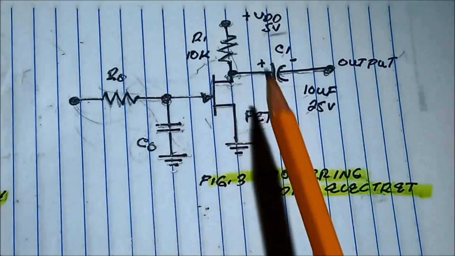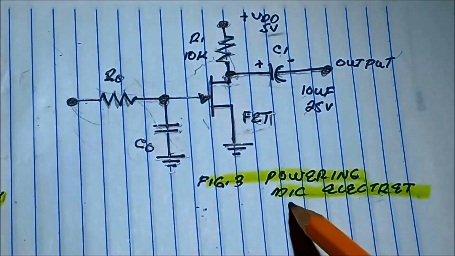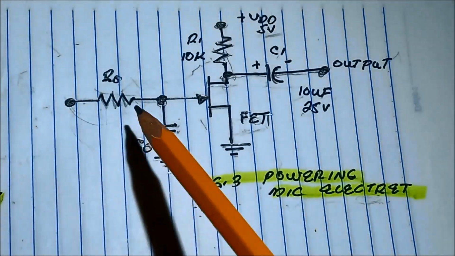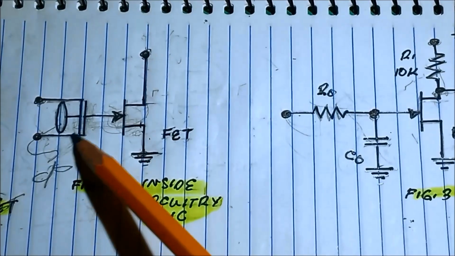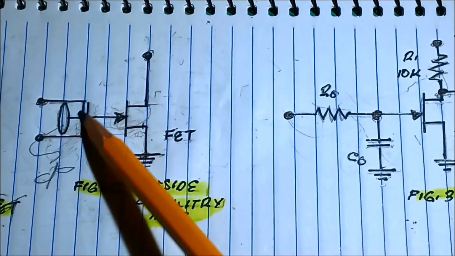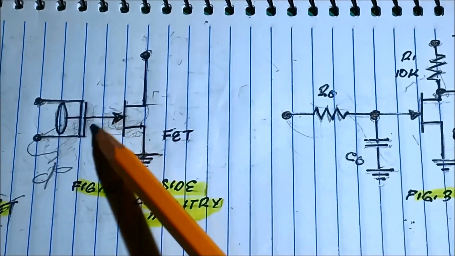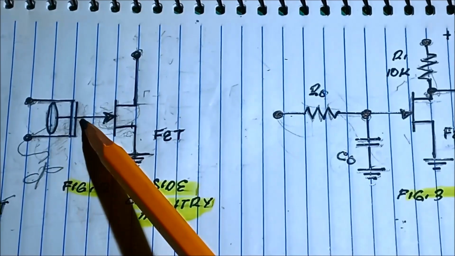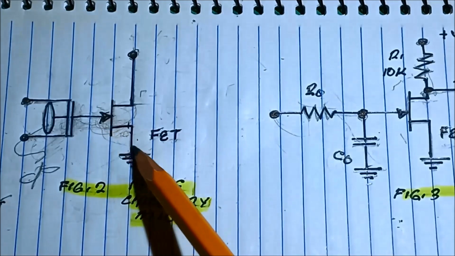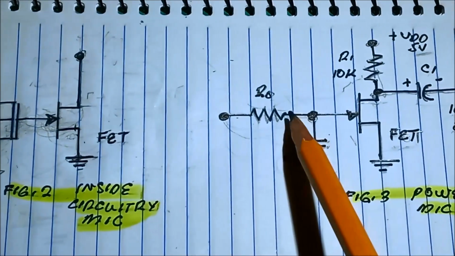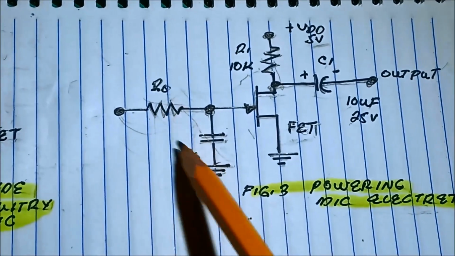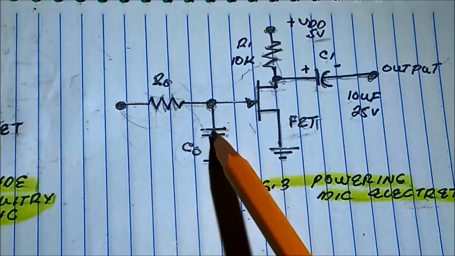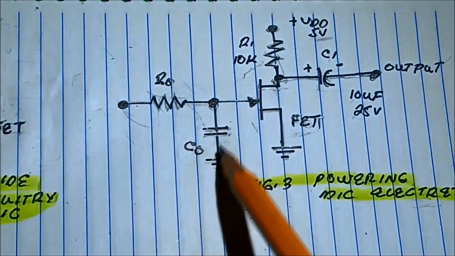So we need to power this electric mic. The equivalent circuit for the diaphragm and its vibration, which creates the electric current that drives this field effect transistor, is a resistor and capacitor that act as a high pass filter.